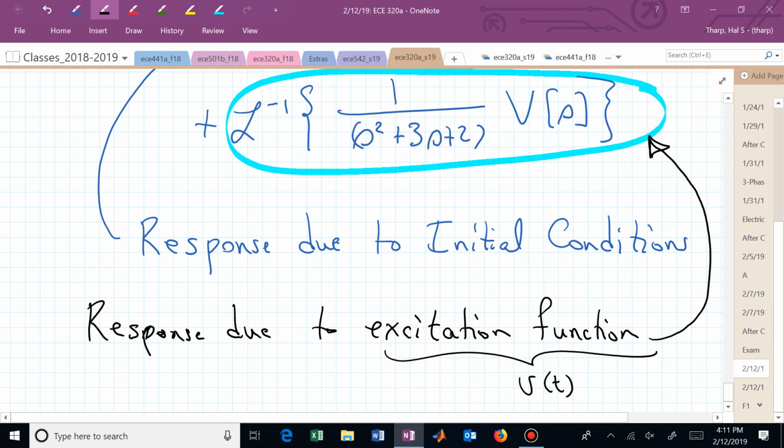So we have two different parts to this complete answer for our solution to this differential equation. What is x of t, little x of t?